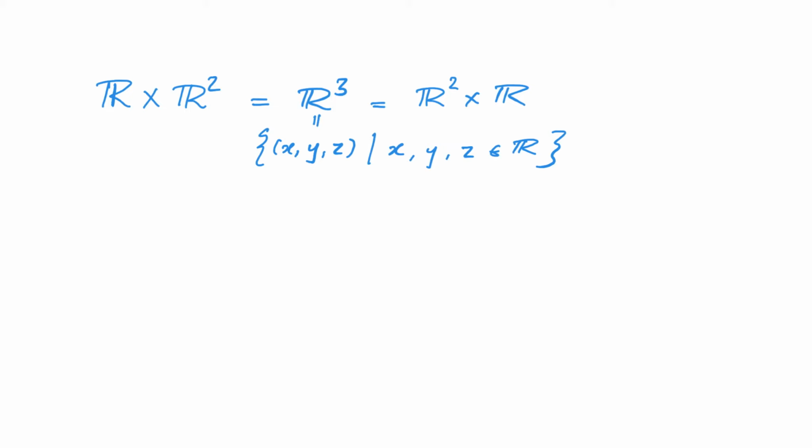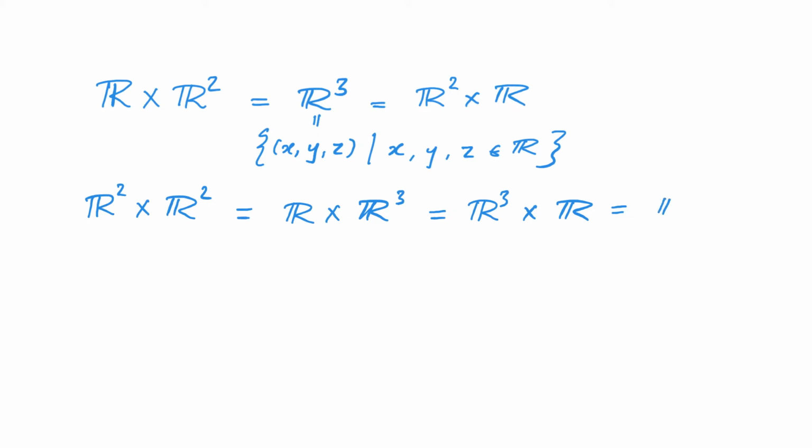This contains triples (x, y, z) where x, y and z belong to R. Now similarly, as soon as we have R2 and R3, we can consider R2 cross R2, or R cross R3, or R3 cross R. Once again, we will identify all these three objects and denote them as R4.